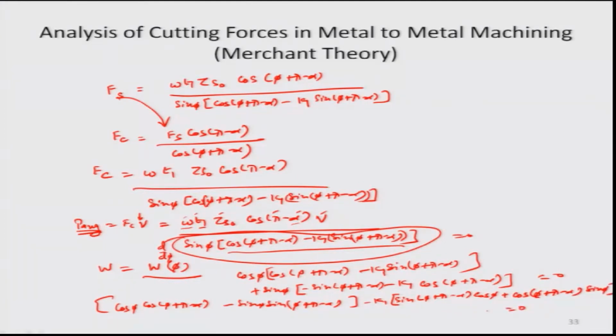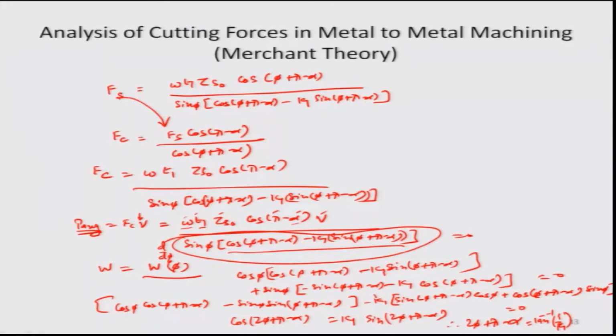And the way that this can be again rewritten is cos of (2 phi plus lambda minus alpha) equals k1 times of sine of (2 phi plus lambda minus alpha), meaning thereby that 2 phi plus lambda minus alpha becomes equal to tan inverse of the value 1 by k1, I am sorry, because the sine by cos is basically the tan component, and this is actually a constant k1.